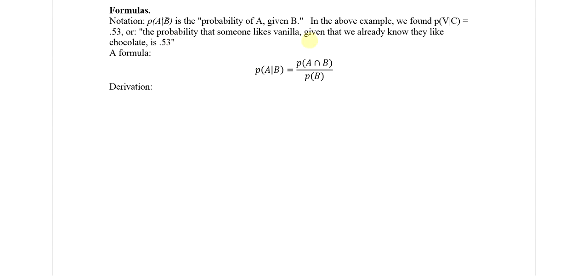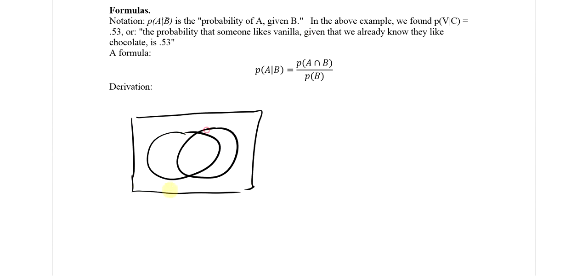This is the formula. If we look at our Venn diagram again, how did we calculate that? Well, we have our chocolate and our vanilla. The numbers were 18 outside and 34, 38, and 10 inside. So, the probability that someone likes vanilla given that they like chocolate, how did we calculate that?